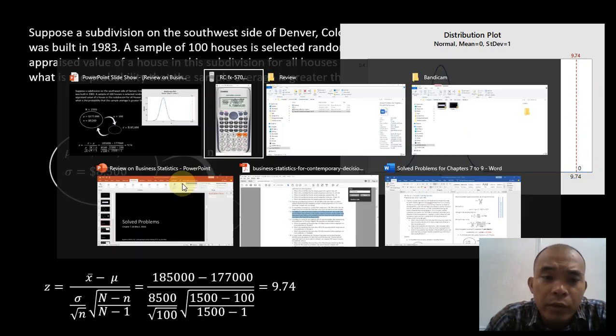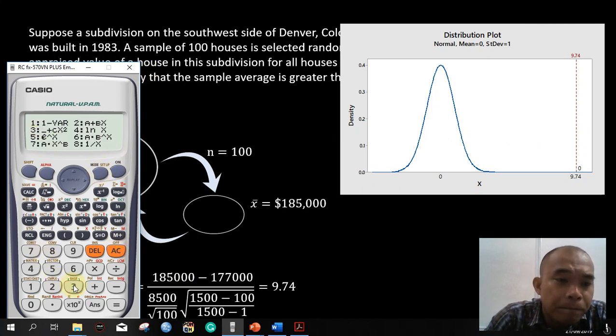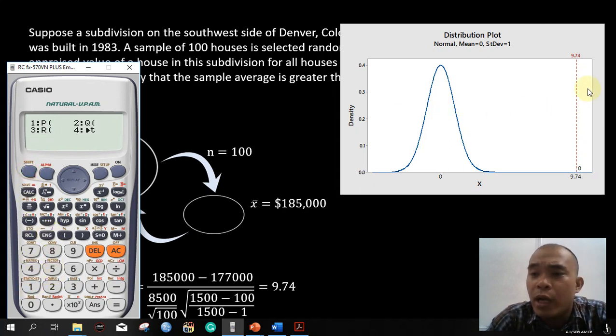To verify that one, we're going to use the calculator again. Press AC, go back to mode, and then stat, 3, and then you can press 1, and then AC, shift, stat, and then distribution 5, and since we are asking for the area to the right, we're going to use the R here. Although it's not the correct term, this is just a mnemonic that we invented.